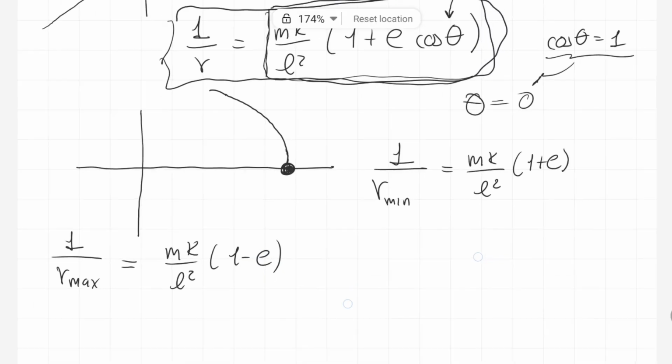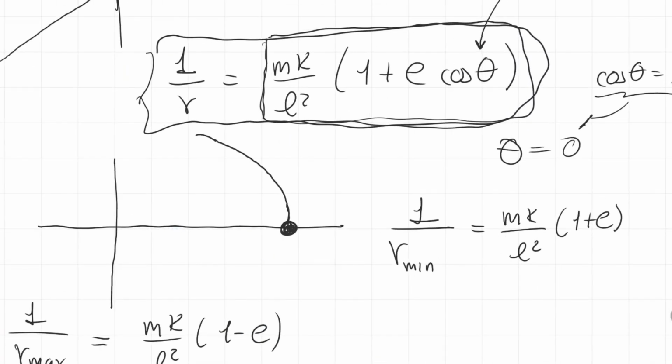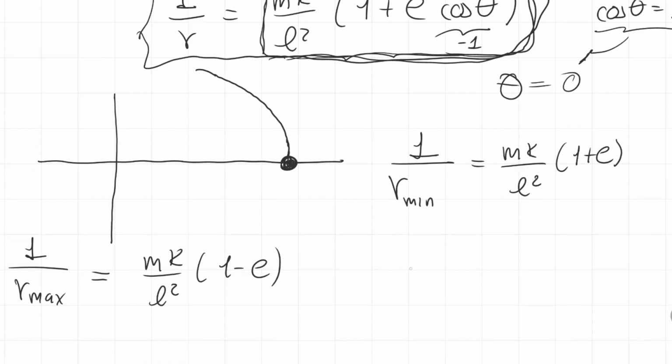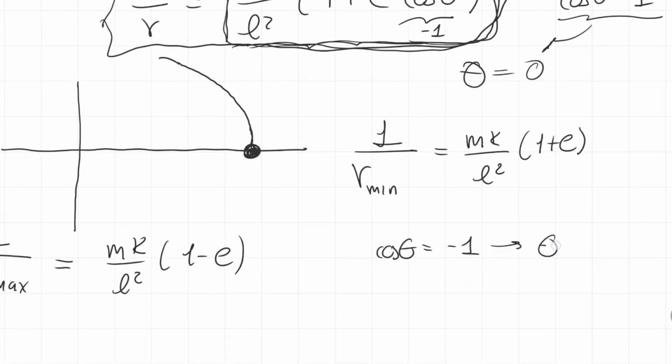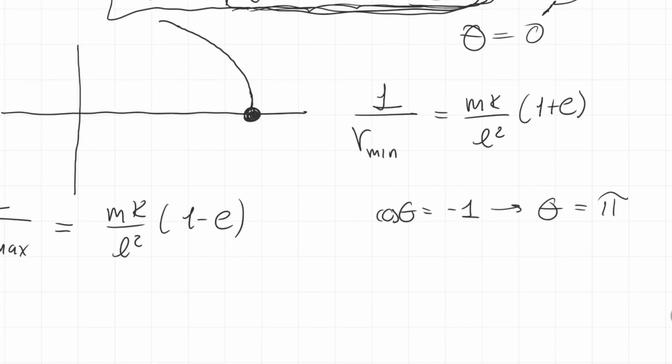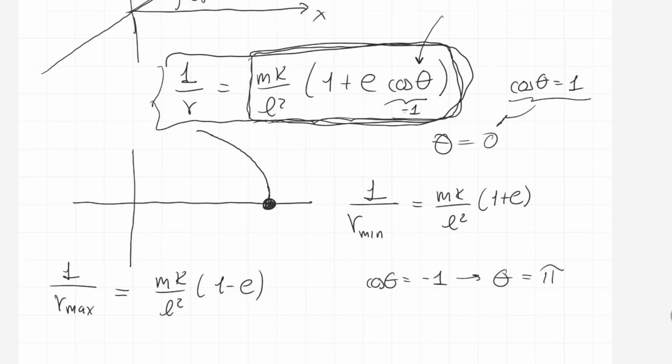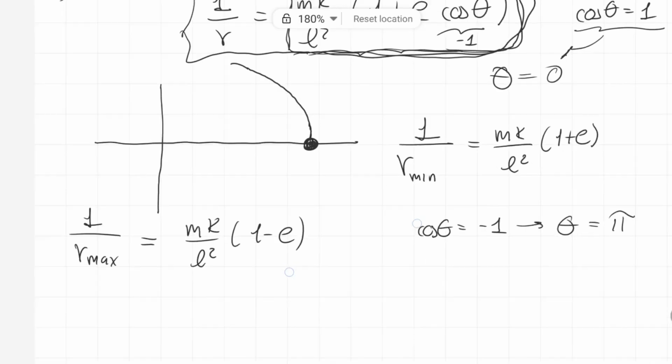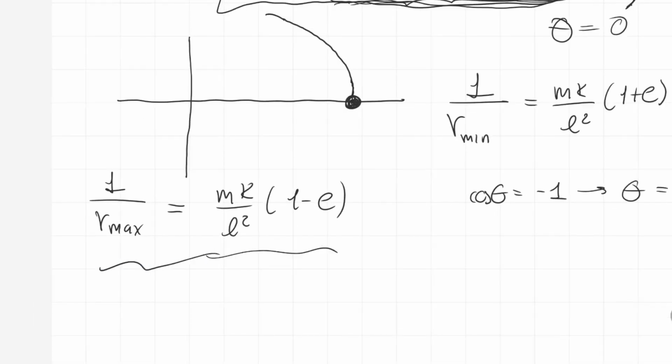When we have the r maximum, we are going to have the smallest quantity on the right hand side of this equation. That means that cosine theta needs to be -1, and if cosine theta is -1, that means that theta is going to be equal to pi. So then we will have 1 minus e here.